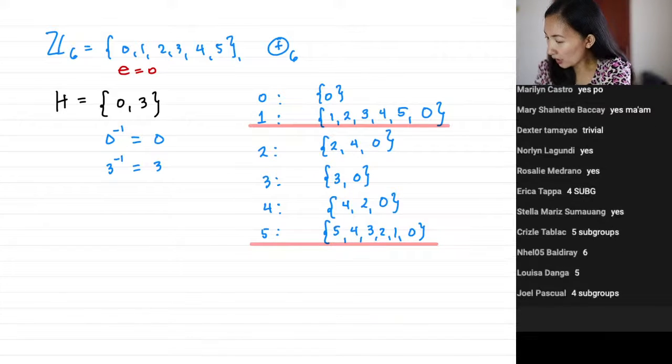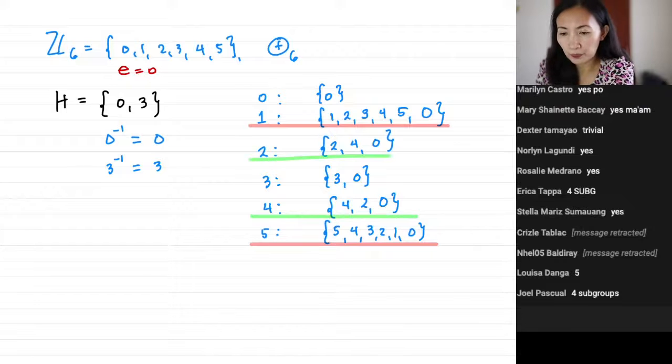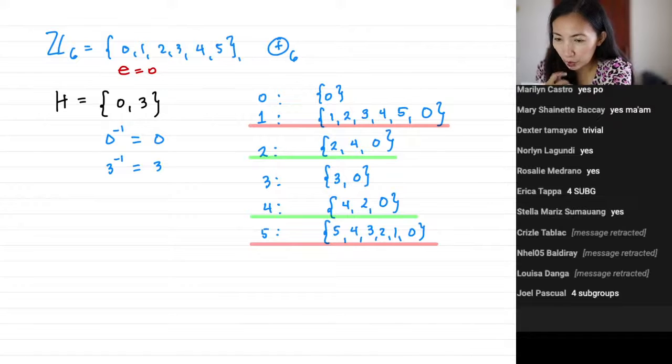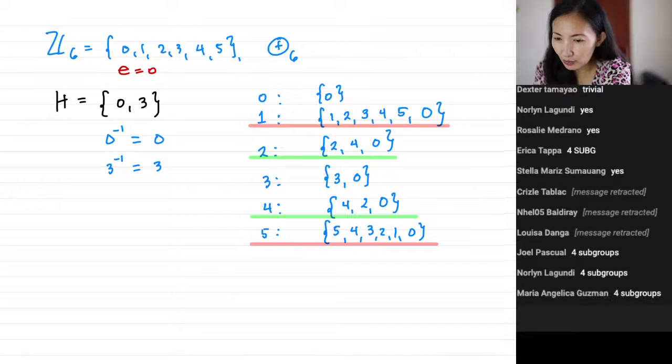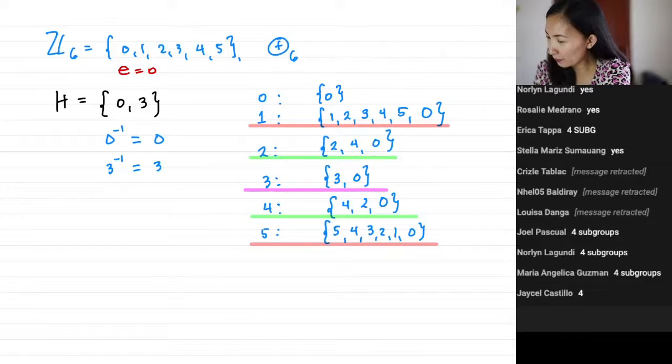That generated by 4 and that one generated by 2 are also the same. So the answer is 4 subgroups. Are we sure that they are subgroups? Yes.